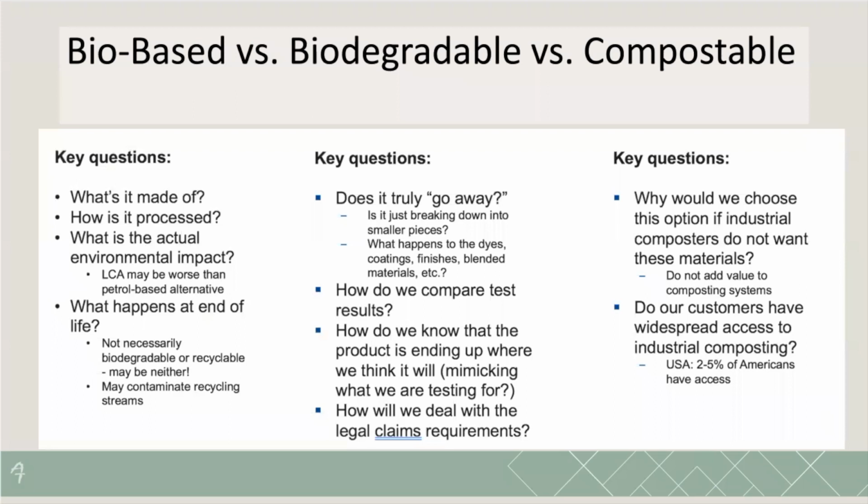There are different tests for what happens when something ends up in the ocean versus what happens when something ends up in a landfill. How do we guarantee that the product is actually ending up where we think it's going to end up and performing the way that we tested it? And then there are all sorts of legal claims requirements, with the Federal Trade Commission Green Guides, for example, in the United States, around what you can claim or say related to biodegradable materials.